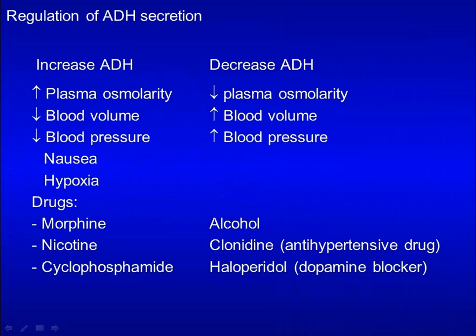Factors that increase ADH secretion include increased plasma osmolarity, decreased blood volume, decreased blood pressure, and drugs such as morphine, nicotine, and cyclophosphamide. Conversely, decreased plasma osmolarity, increased blood volume, increased blood pressure, alcohol, clonidine, and haloperidol decrease ADH secretion.